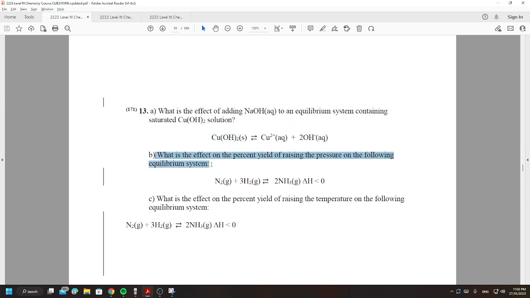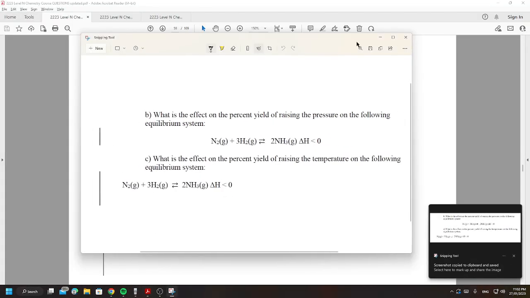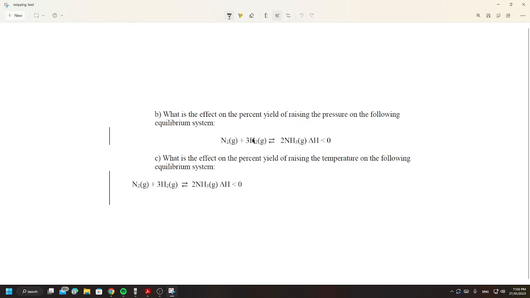What is the effect on the percent yield of raising pressure on the following equilibrium system? So here, let's just do this real quick. If we increase the pressure, let's have a look at the coefficients here. So 1 N2 plus 3 H2 to give 2 NH3.